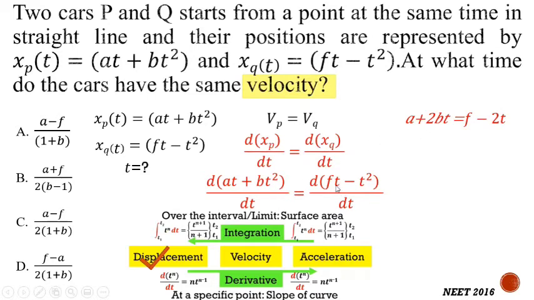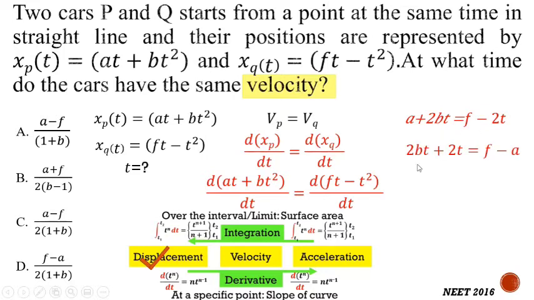In this case again ft is there, so the derivative of ft is again f, because t has derivative equal to 1, minus, in this case the t square will have differential equal to 2t, because we multiply with the power and reduce the power. So the existing power is 2, so we multiply with the power, and by reducing the power by 1 it will give t. So it is 2t now.